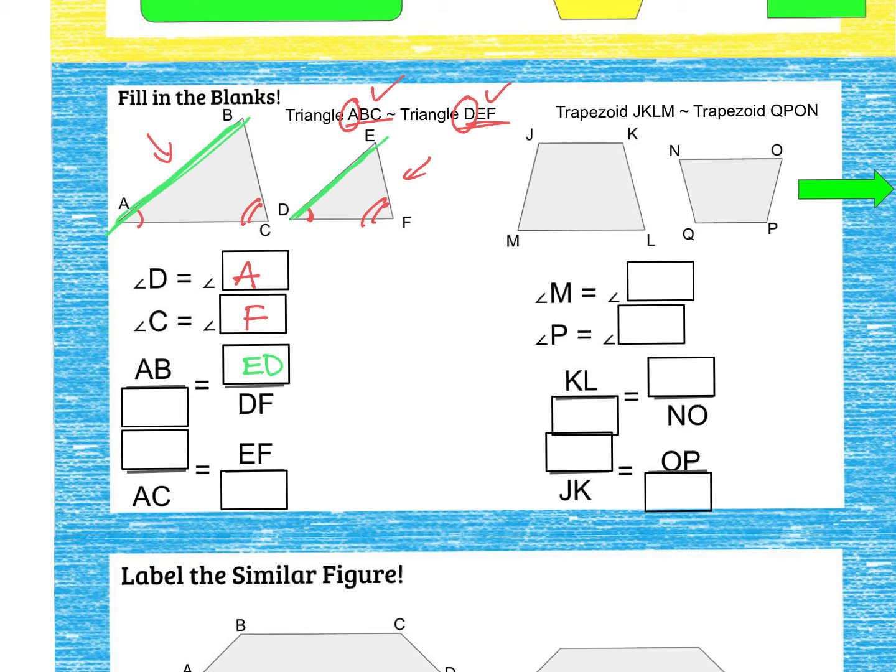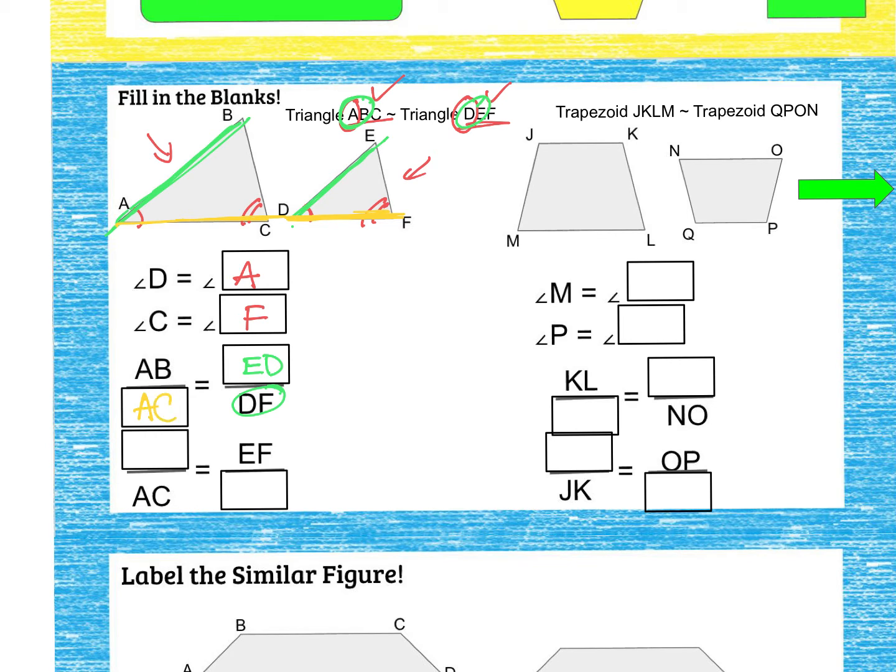Also, we can look at the letters, the first and the second. We'll go with the first and the second. DF, right here. DF is this one in the color code, yellow. DF will go with AC.